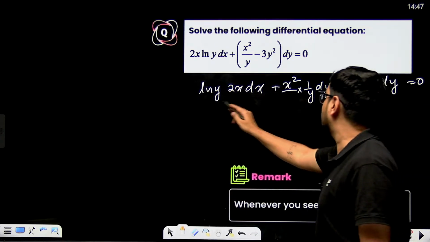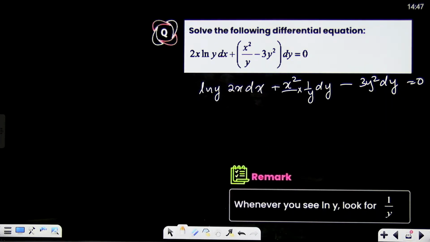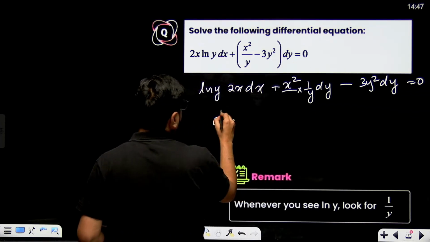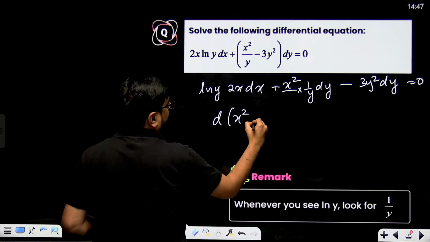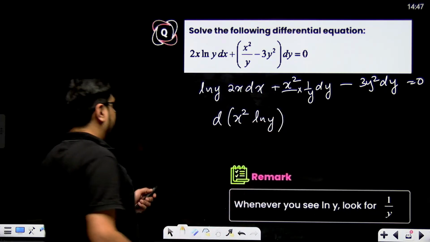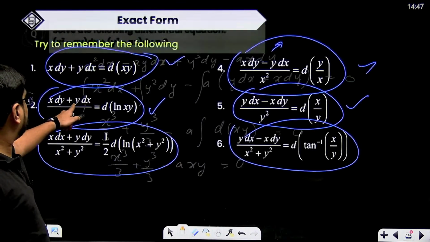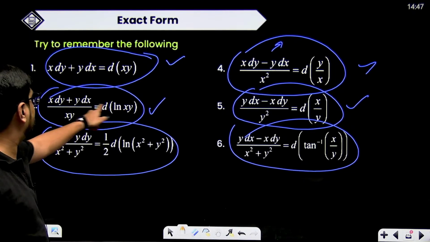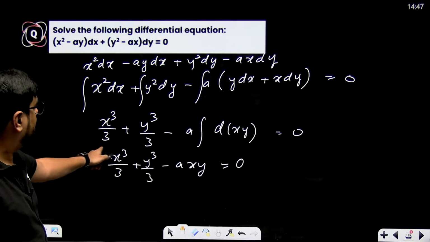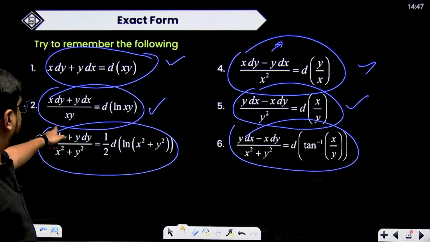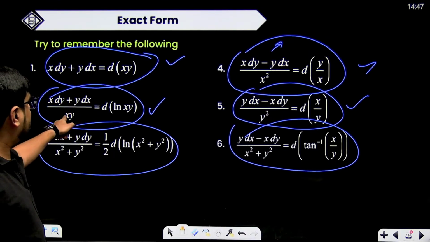Now this part can be looked at in the exact form. This is nothing but d of x square ln y. d ln xy is written in this form only, no? What is d ln xy? x dy plus y dx upon xy.